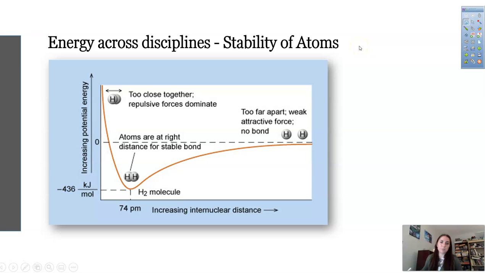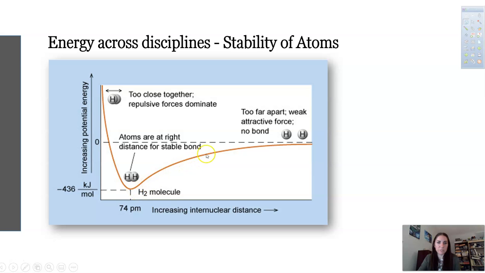So just to show you, I'm not going to go over this because I'm not a chemist, but you actually see these kind of across the curriculum. So this is a potential energy graph right here, and this is all about the bonding forces and stabilities of atoms. So there's a sweet spot where atoms like to be in terms of their distance, right?